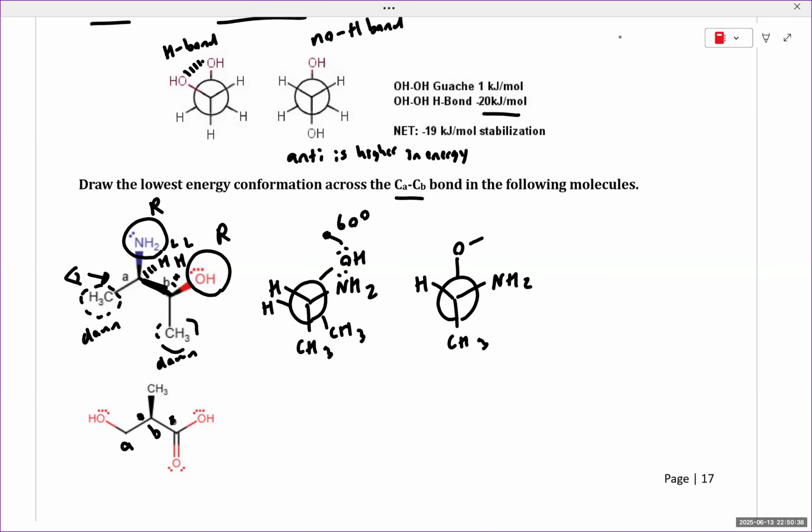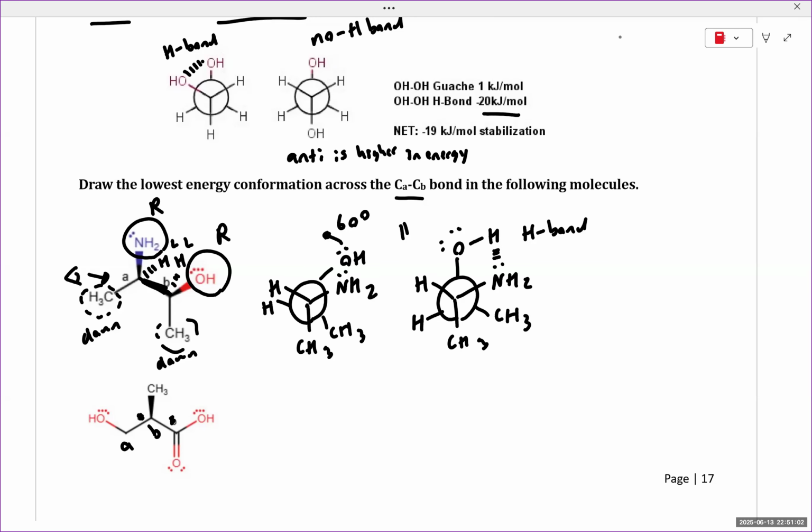In this case, the alcohol and amine are separated by 60 degrees. They're gauche to one another, and as a result, they're able to hydrogen bond. This gets us the best of both worlds in that the substituents are close enough to hydrogen bond, but they're not eclipsed with one another.